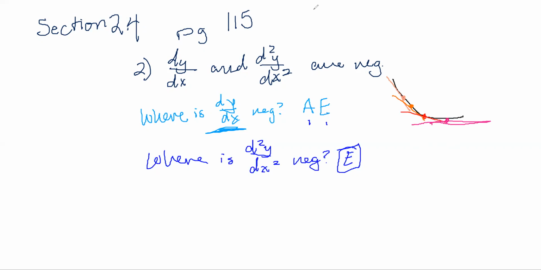Let's do number 6. Question. Problem number 2. Let's say there was a point in between B and C. That point would be where F double prime equals 0, right? Yeah, so that's the inflection point, is what it's called.